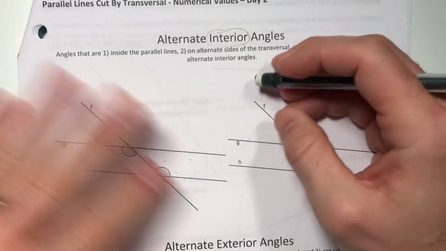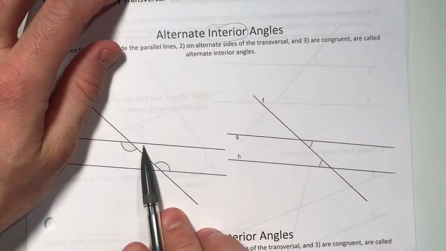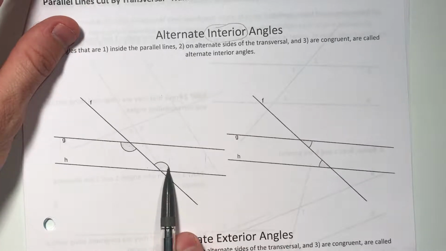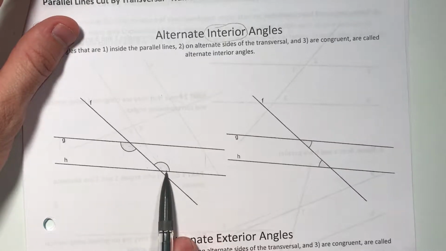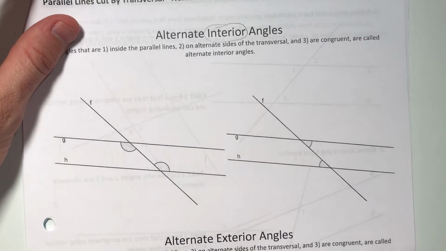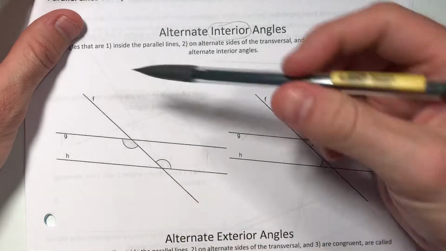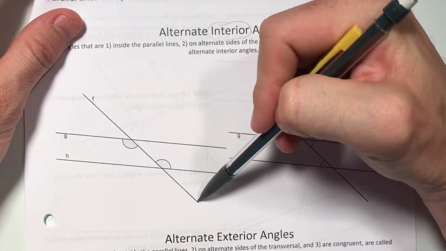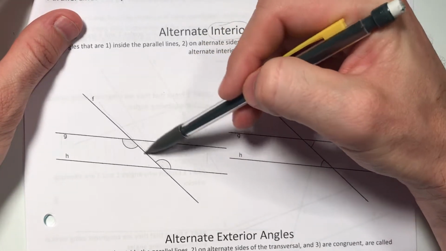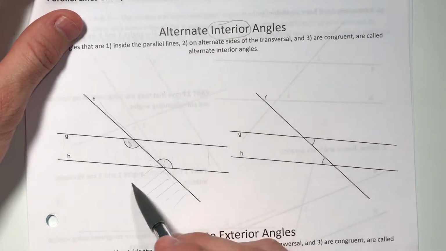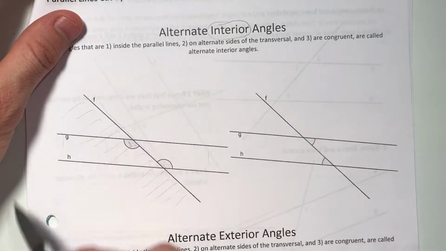So notice that there are actually four angles inside the pipe, though. 1, 2, 3, 4. So why are these two the alternate interior angles? Well, because they are on opposite sides of this transversal. If you see this line that cuts through the pipe, this one is on the left side of that line.